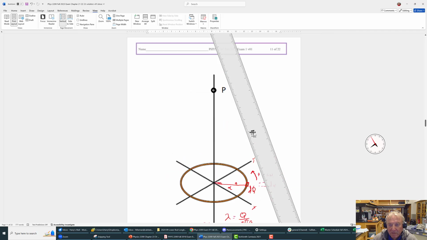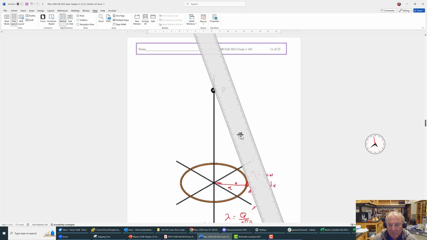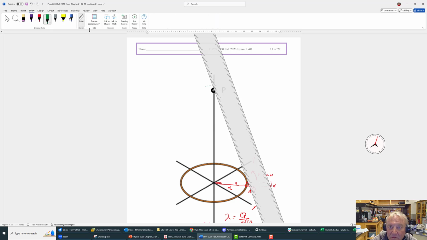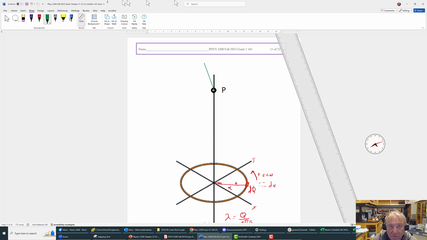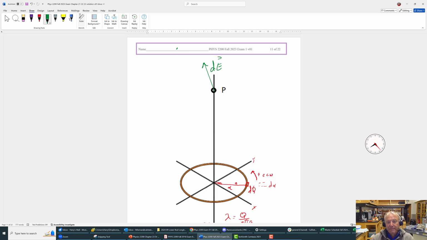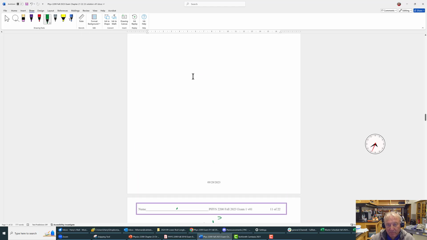So the dE vector, let's try a different color, is going to be here. Get rid of the ruler. And there it is, dE. It's positive charge, so it points away.